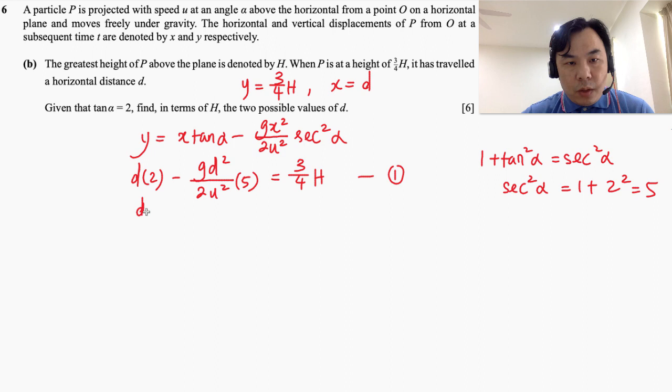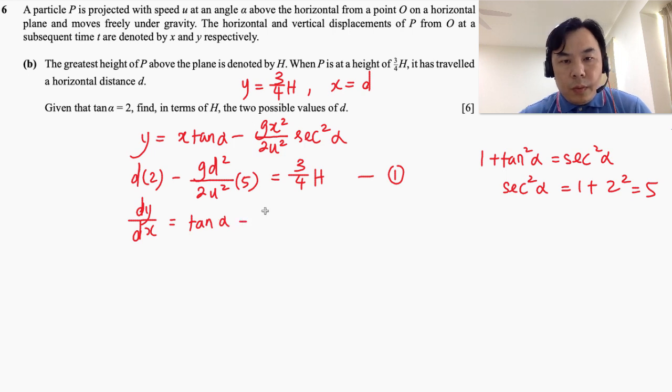So we're going to differentiate with respect to x. The main reason why I want to use differentiation here is because I want to set up an equation related to h. Now, if you differentiate that with respect to x, we will get tangent alpha minus g x over u square secant square.